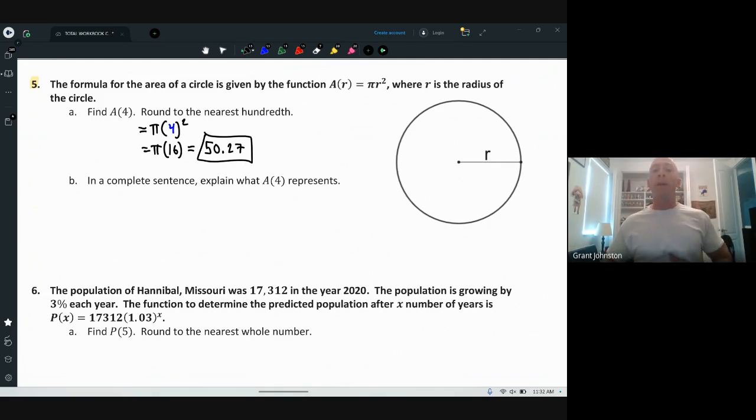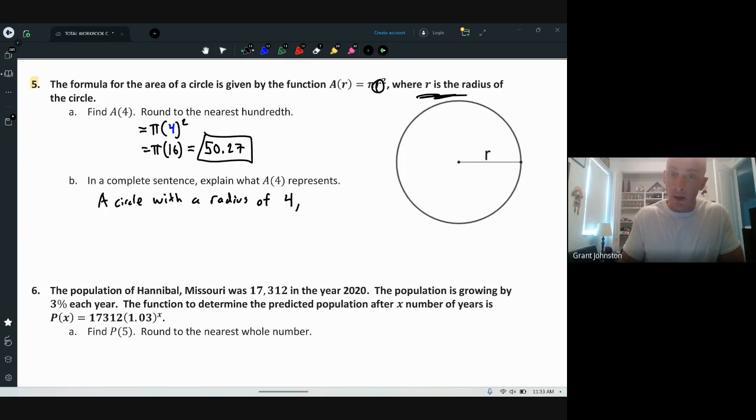So explain what A of 4 represents. Okay. So I'm going to say a circle with a radius of 4, because remember I was substituting that in for R, which is our radius, has an area, and there weren't units on this.